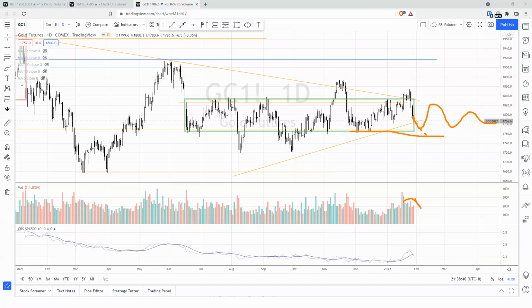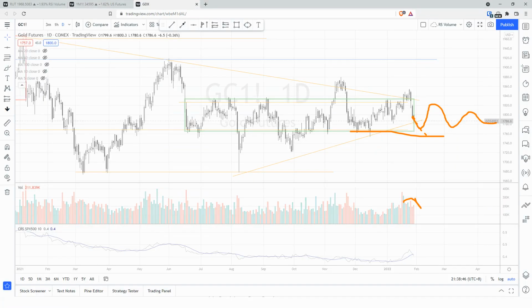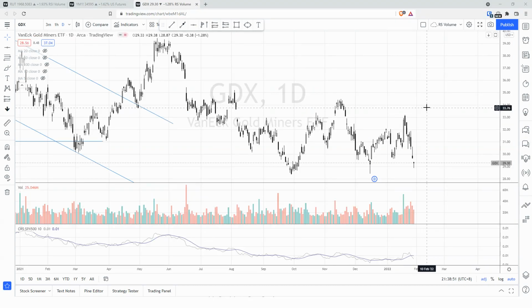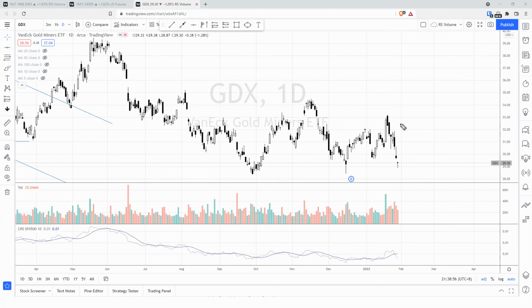And gold miner, let's see, GDX. Okay, so gold miner is similarly having this breakdown. Sorry, the failure. There is kind of an upthrust here, but 1, 2, 3, 4, 5. So it's already leading the way down.